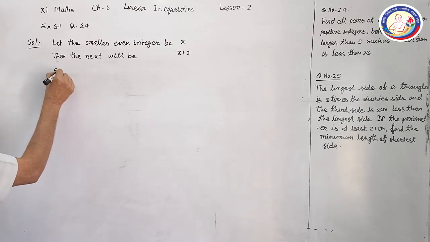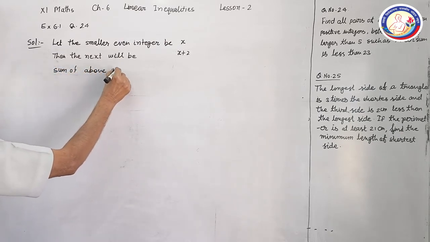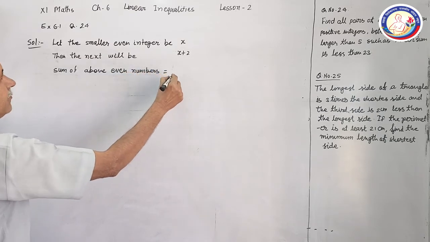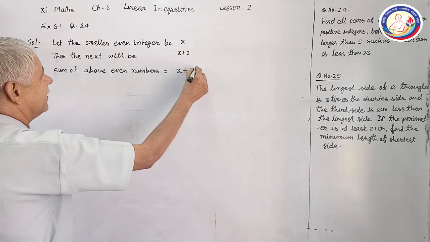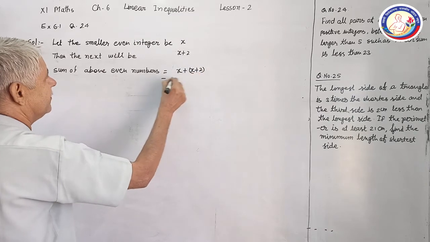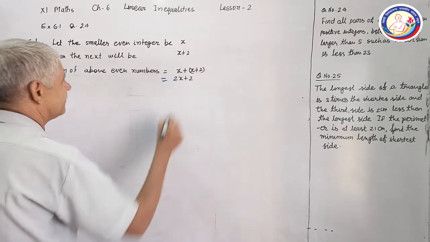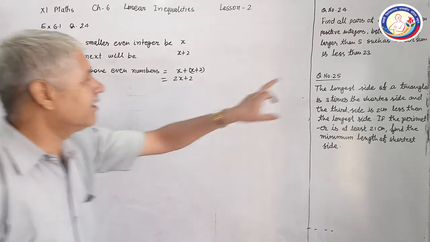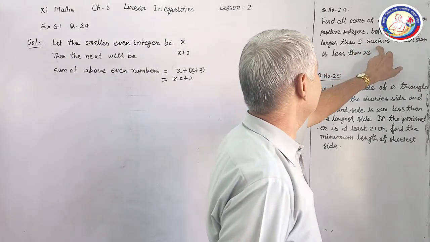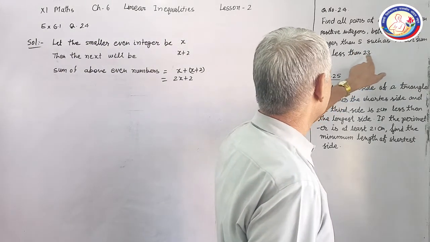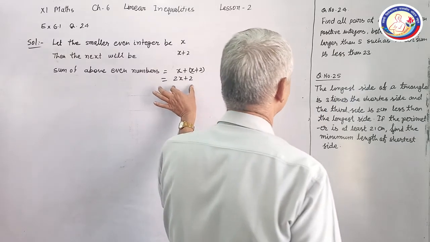The sum of these two is equal to x plus x plus 2, that is 2x plus 2, and according to the given condition in the question, this sum must be less than 23.